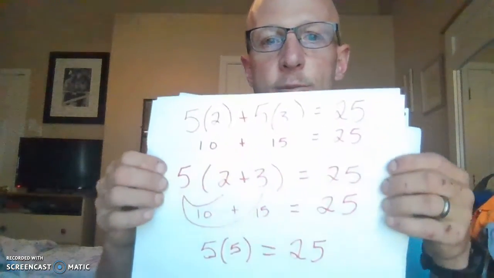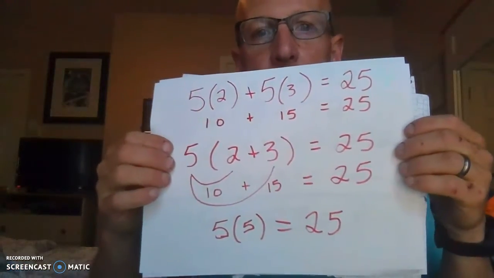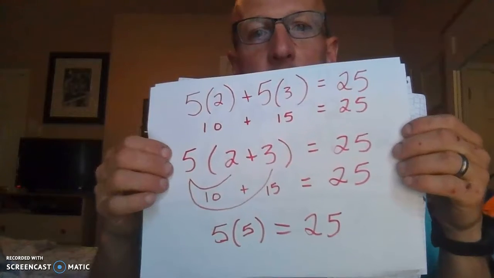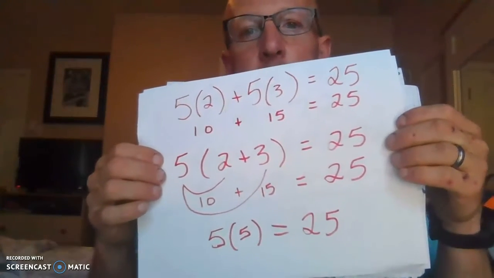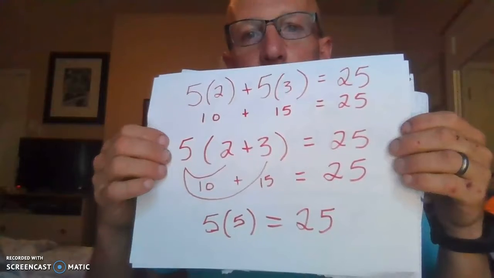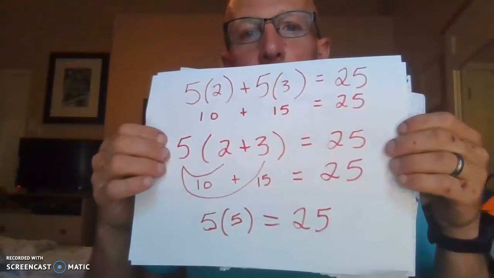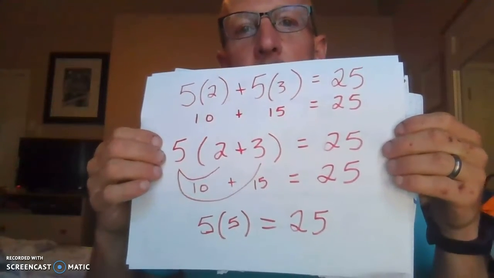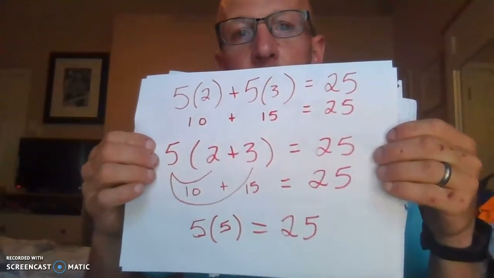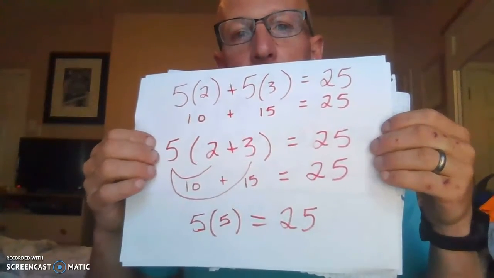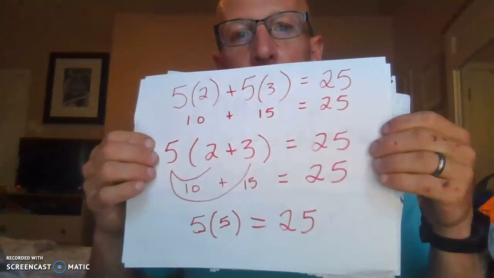We can look at some examples of how that might work. So what I did here was just broke down some numbers in different ways. So the top equation shows us 5 times 2 plus 5 times 3 equals 25. Of course, that is 10 plus 15. So that might be a traditional way of expressing a value like that in math.